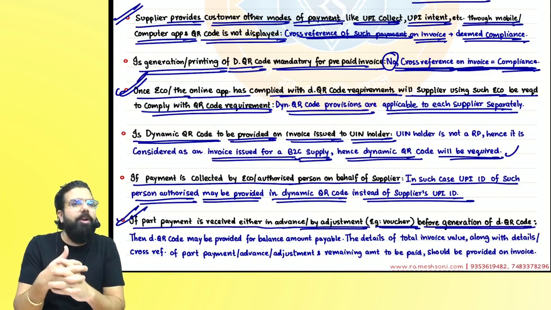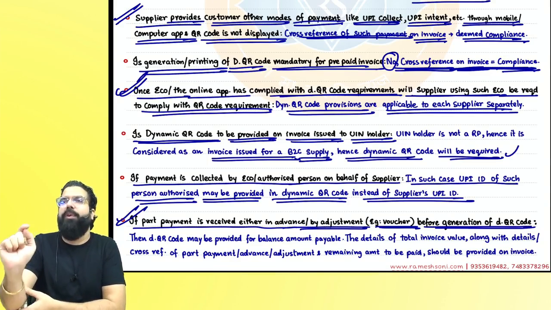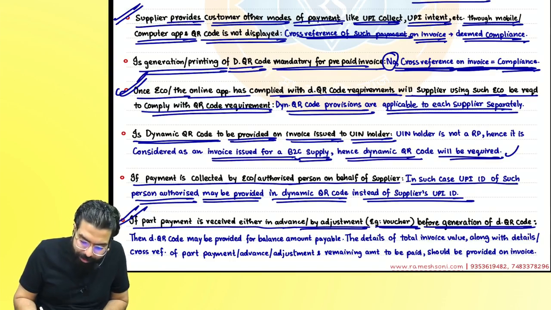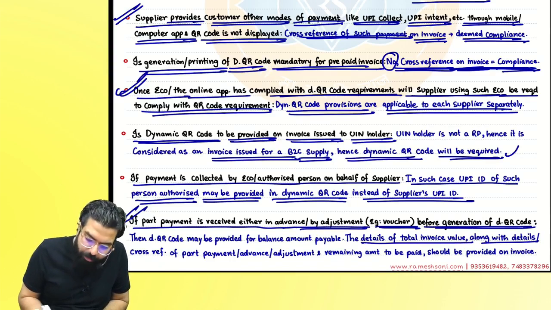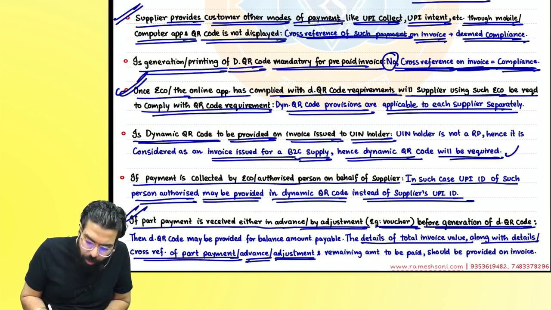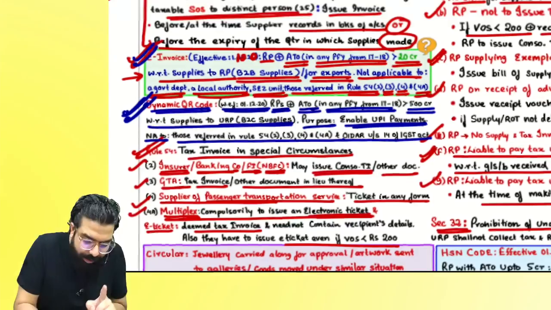The government said the dynamic QR code is for collecting the amount, and hence you should give a dynamic QR code only for the balance amount. But on your invoice, please provide the details of the total value along with cross reference of the part payment, advance, or the discount coupon or voucher you received, and the remaining amount to be paid should be provided in the invoice. Right, everyone? Here we are done with the QR code related clarification.